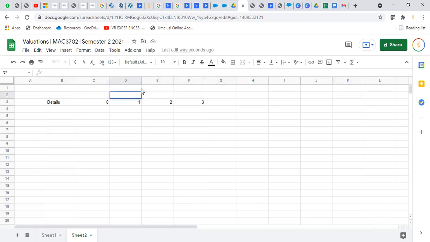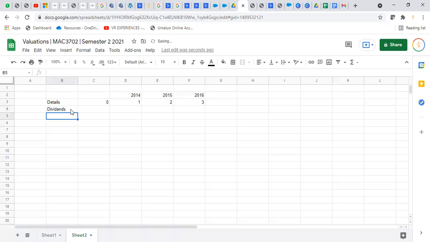So 2014, 2015, and 2016. So we will have our explicit cash flows, and in this question it is dividends. So the only explicit cash flow is going to be dividends.